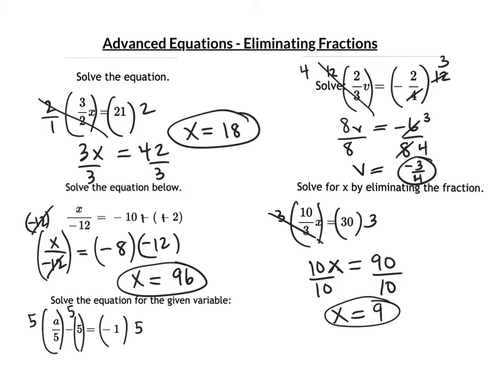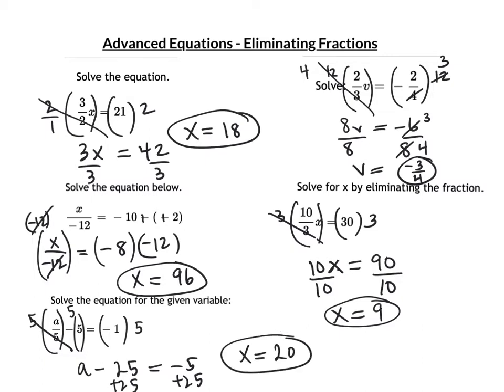You have to take 5 to everything. Well, these cancel, and I get a minus 5 times 5 is 25 equals negative 5. And I can add 25 to both sides. Inverse of subtraction is addition, so I added 25. And negative 5 plus 25 is 20, so x is 20.